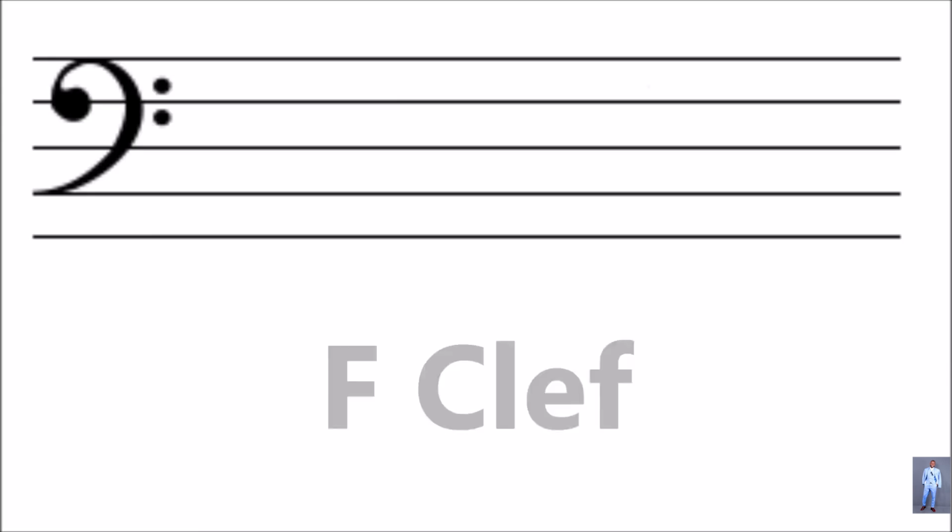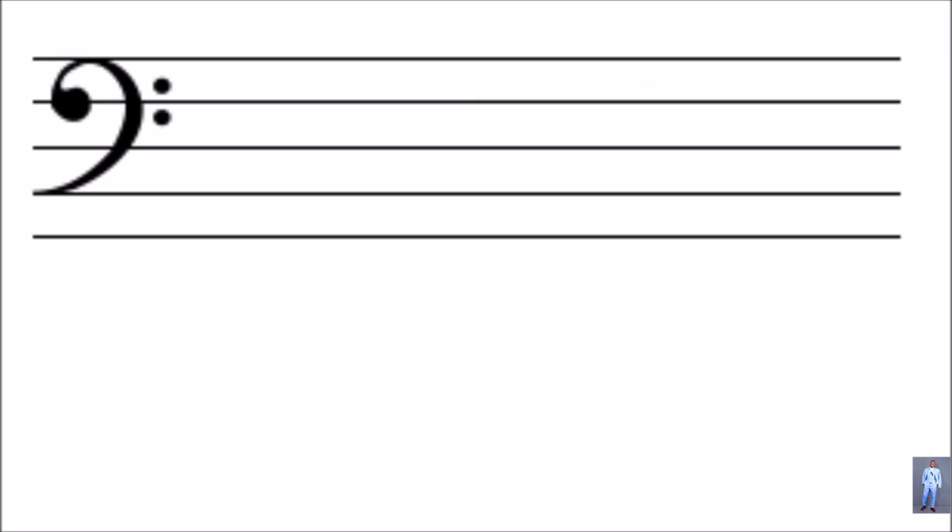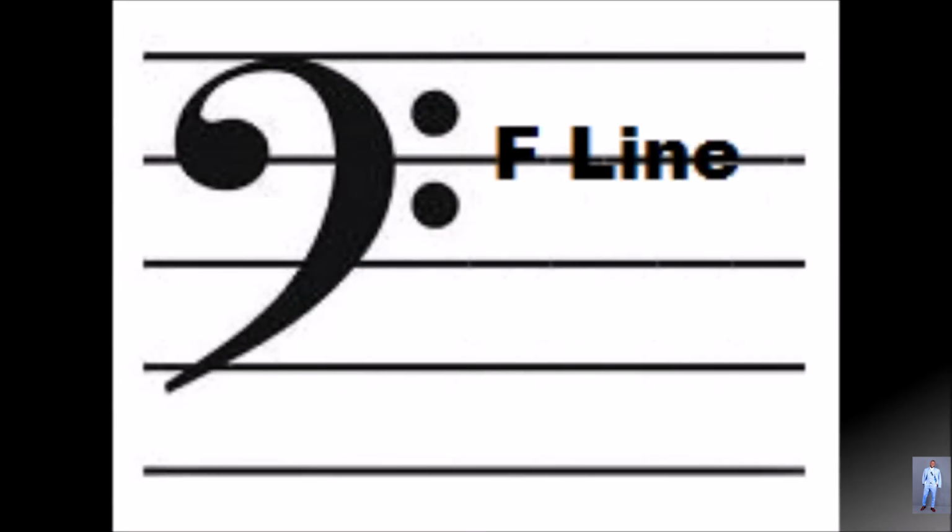Going back to history, the symbol of the clef looks like the letter F. Also, the two dots of the F clef are placed with the F line in between, one at the bottom and another at the top of the F line. Therefore, that is also the reason for being called an F clef.